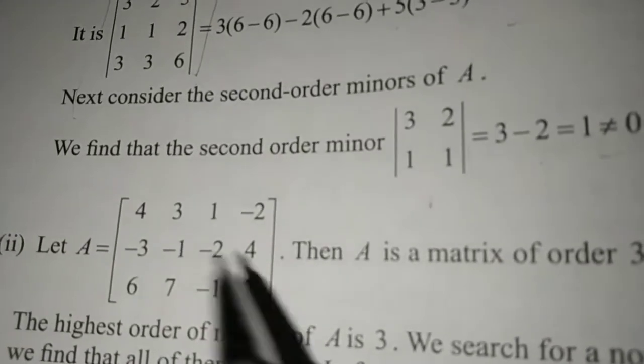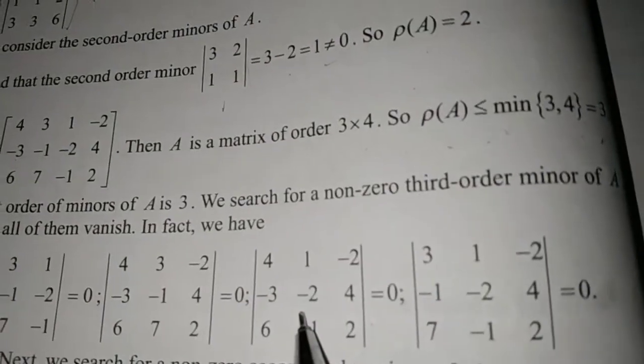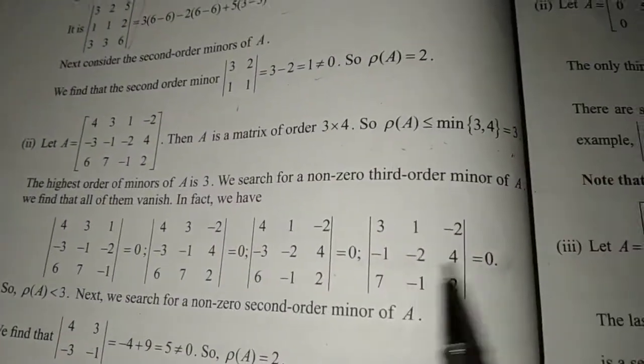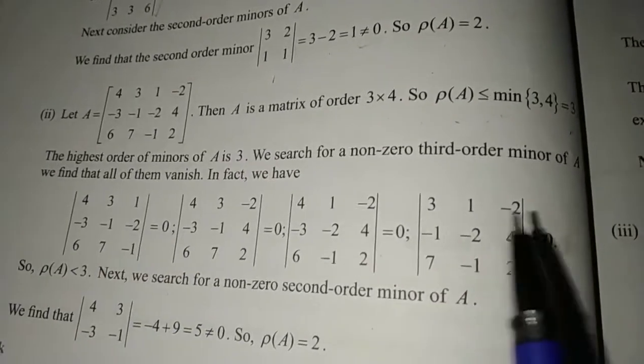This one is a third order minor, and this one, and these two are also third order minors. Take this third order minor too. See that all 4 third order minors are 0.